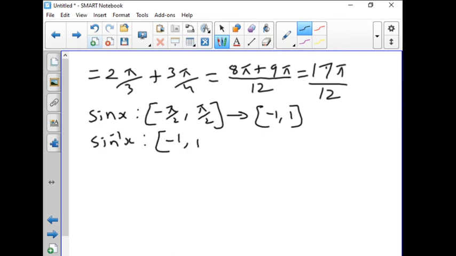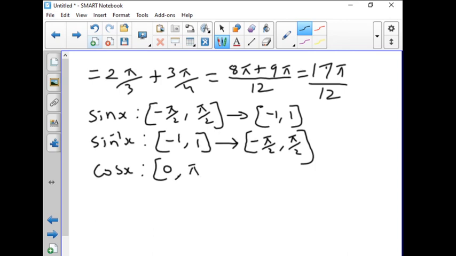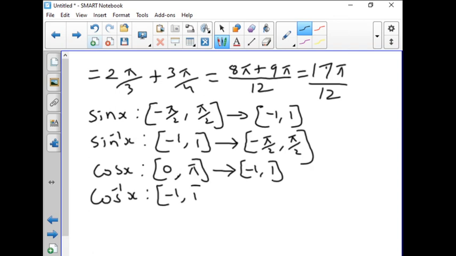Domain is minus 1 comma 1 and the range is minus pi by 2 comma pi by 2. And what about cos x? Domain 0 comma pi, range minus 1 comma 1. Cos inverse of x, minus 1 comma 1 is the domain and the range is 0 comma pi.